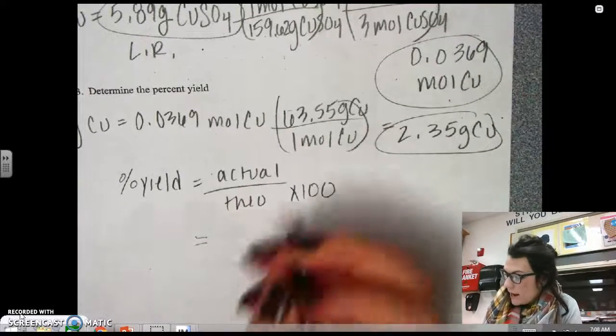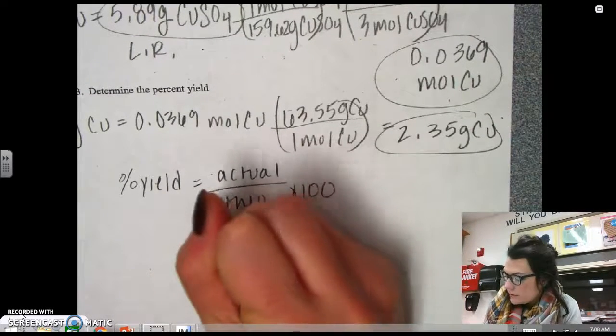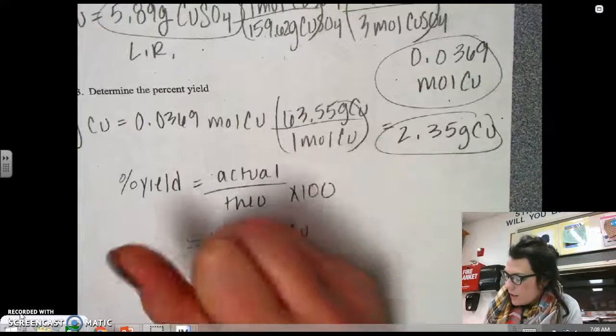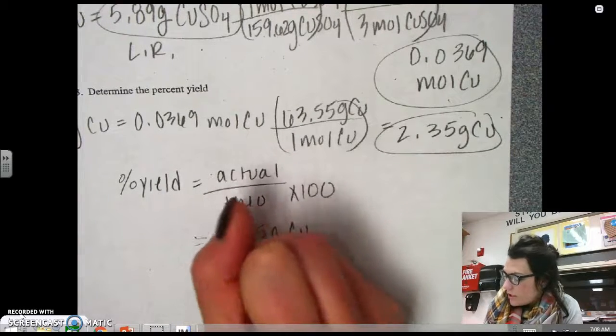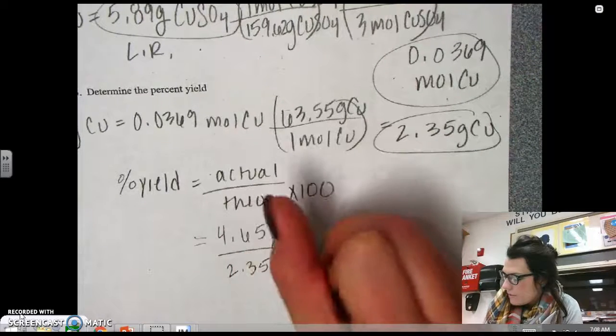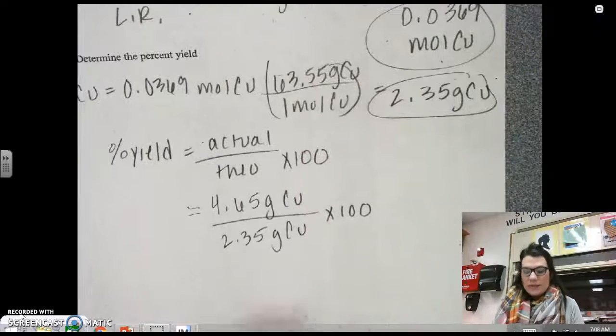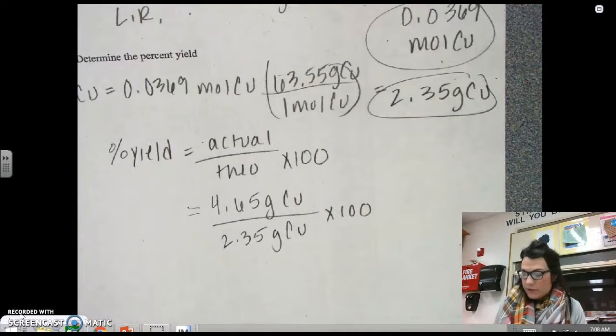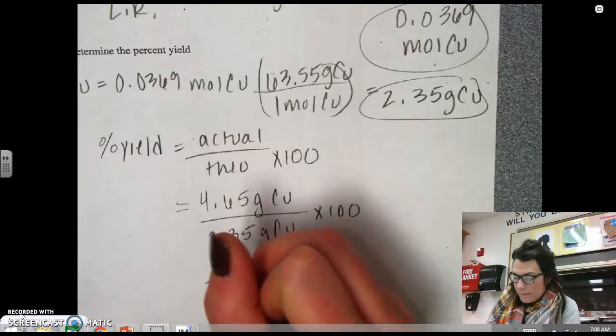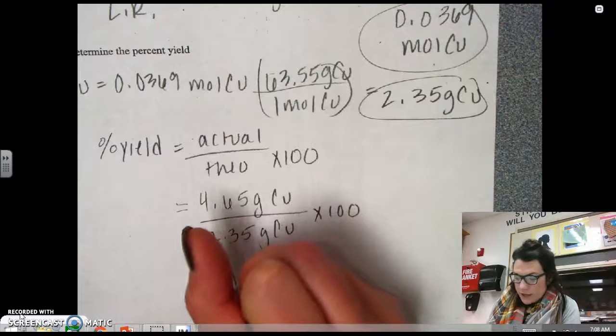Okay, so I actually created 4.65 grams of copper, and I should have only created 2.35 grams of copper. So what this is indicating is I'm going to have a percentage that's larger than 100, and so I have an error, or a percent yield of 198%.